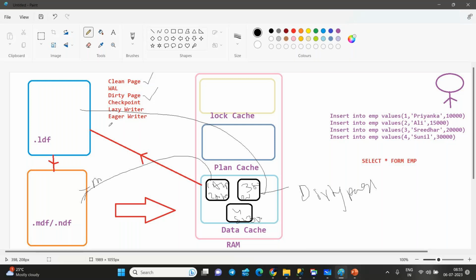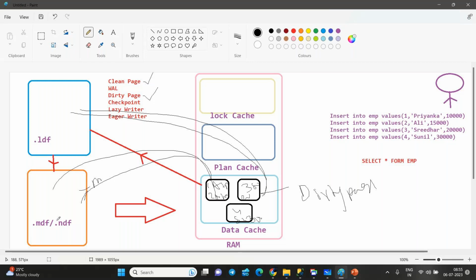Whatever changes you performed in the buffer that have not yet moved to the MDF file, first it will try to move those changes along with the log records to the disk. It will move to the LDF file, and it will also move to the MDF file. Again, sir, why is it moving to the LDF file when the data goes to the MDF file? For safety purposes, all the changes will move to the LDF file along with the MDF file.